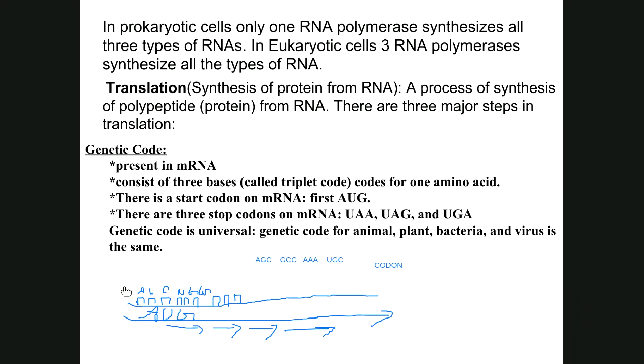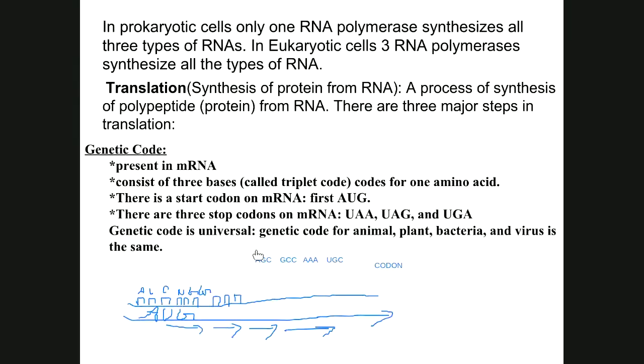Now, it is also important that when the messenger RNA carries the message, different messages, AGC, GCC, these are nucleotides and they cannot move alone. They cannot stay alone. They need their complementary one, another one.